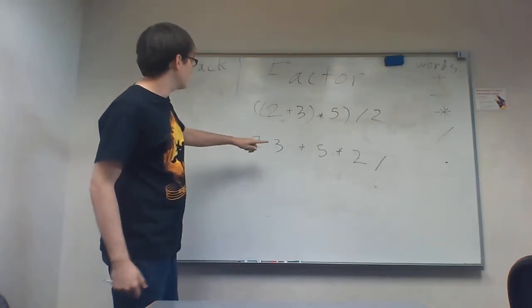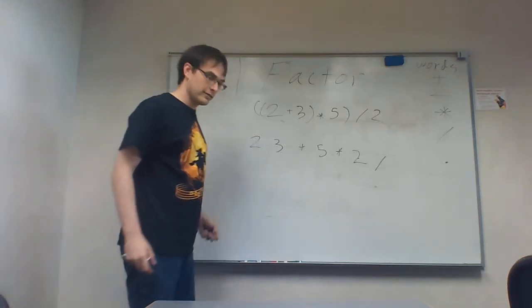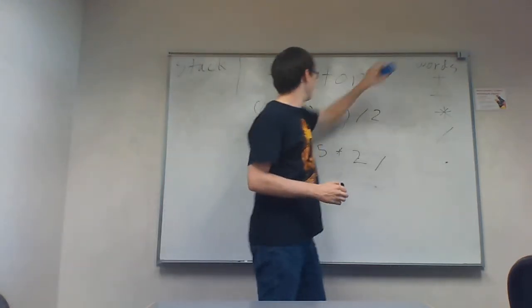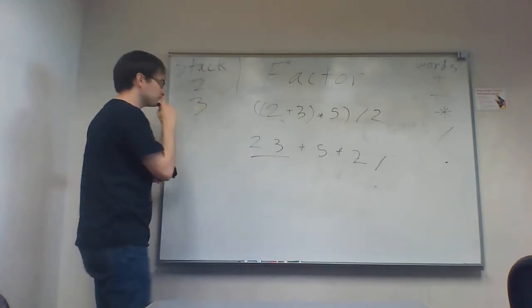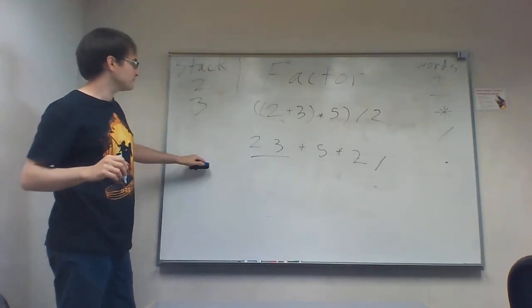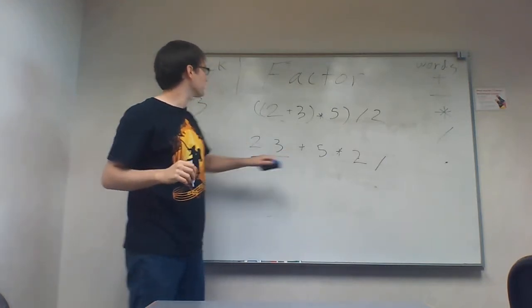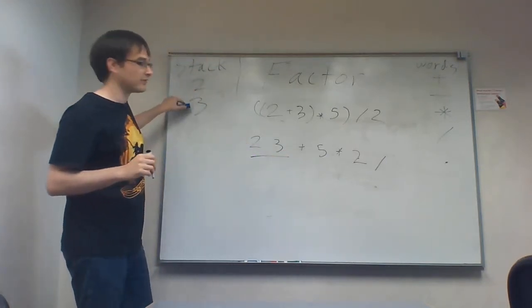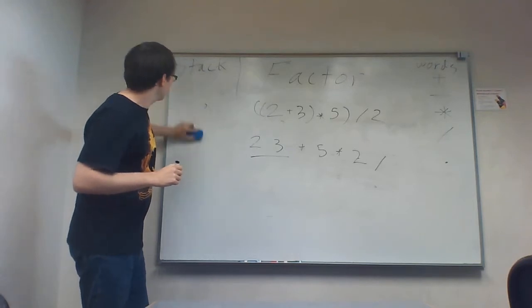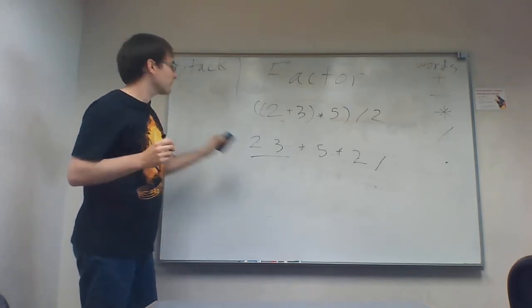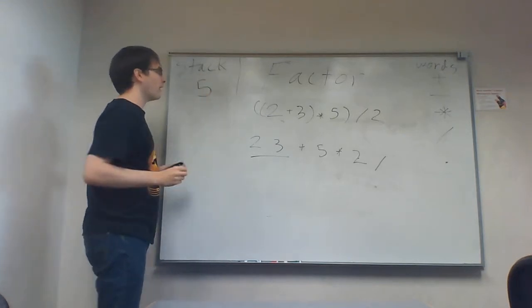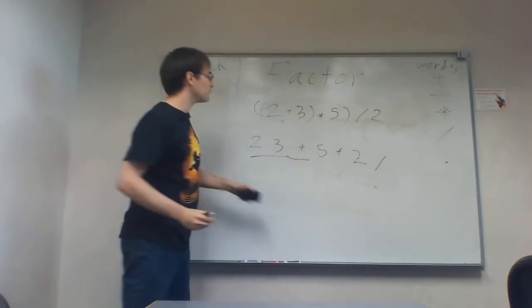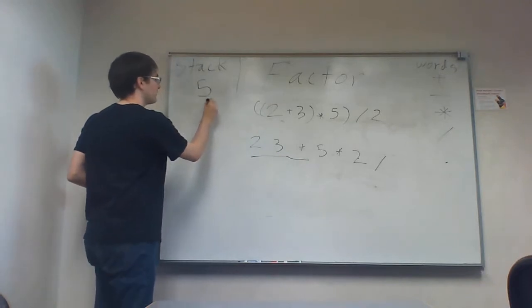So in this case, 2 and 3 get added to the stack. So we've gone through here, and we now have 2 and 3 on the stack. And then the plus happens. It takes 2 values from the stack, a 2 and a 3, does addition, and puts the result onto the stack. Then the 5 will get added to the stack.